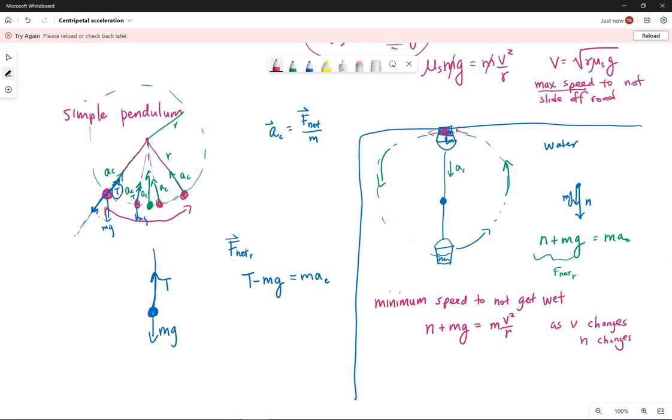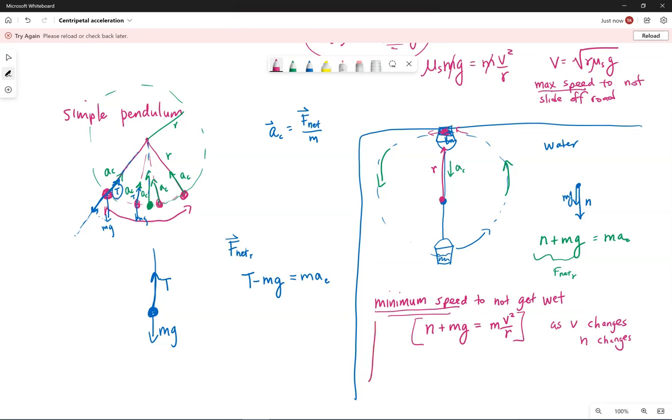Right? The mass of the water, assuming we have the same amount of water in there the whole time, is not changing. g is not changing. The radius is however long our arm is, so from our shoulder out to the bucket. So as v changes, the normal force changes. So minimum speed, as we make v smaller, the normal force is going to get smaller. Hopefully just looking at this equation allows you to see that.